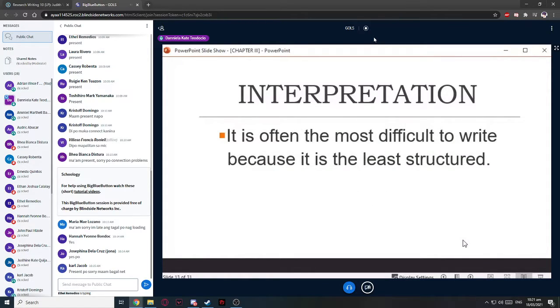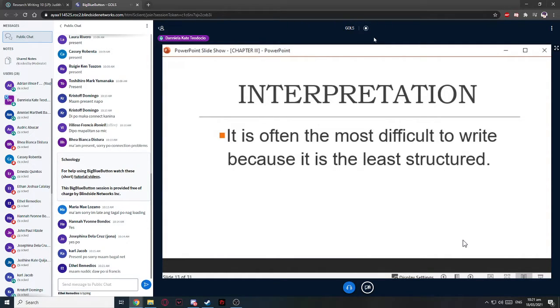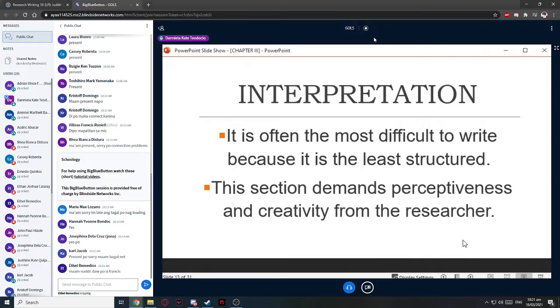Because it is often the most difficult to write because it is least structured, and this section demands perceptiveness and creativity from the researcher. Among the three, presentation, analysis, and interpretation of data, the hardest part to write is the interpretation because you need to interpret something with your utmost creativity as a researcher.